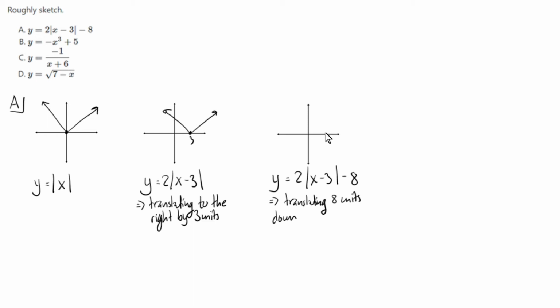So we are here at x equals 3, and we're going down here to y equals negative 8. So the coordinates of this point here is going to be 3 and negative 8.